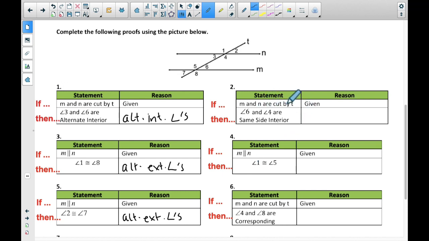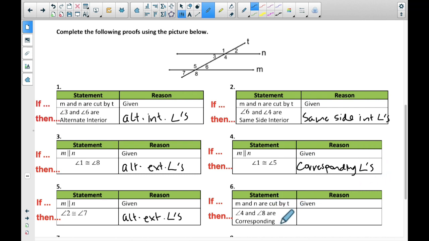If M and N are cut by T, then 6 and 4 are same side interior, and that would be the same side interior postulate or definition. And angle 1 and angle 5, those are corresponding.